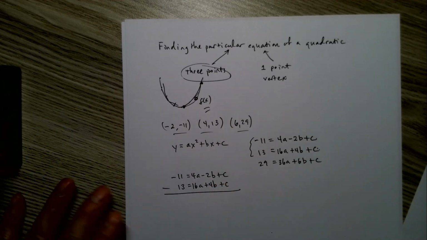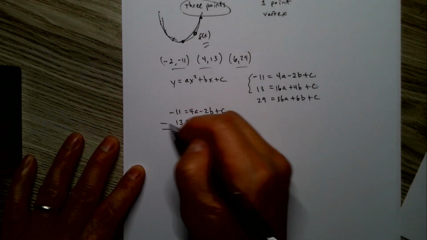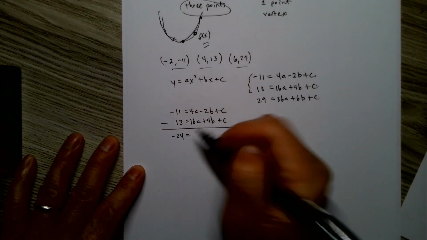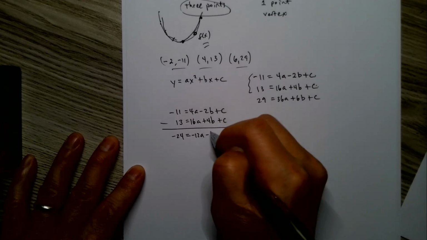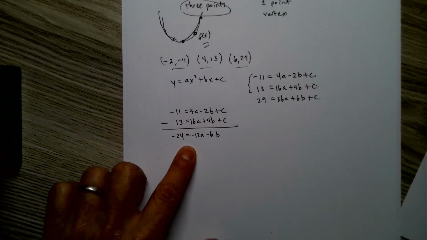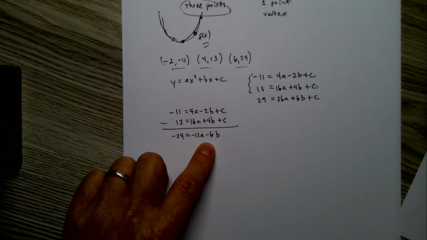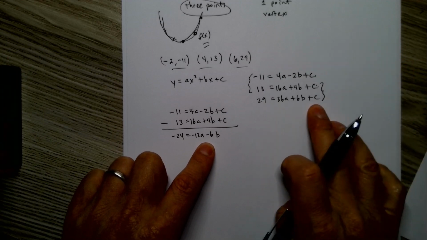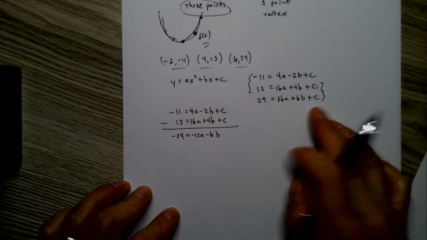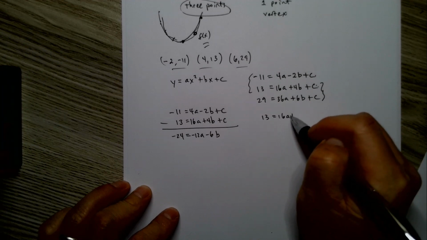Okay, so I start subtracting. And I get that. Now I have an equation with 2 variables, still unsolvable. So I need a second equation, which I will get by subtracting these two equations. And again, just copying them down here.